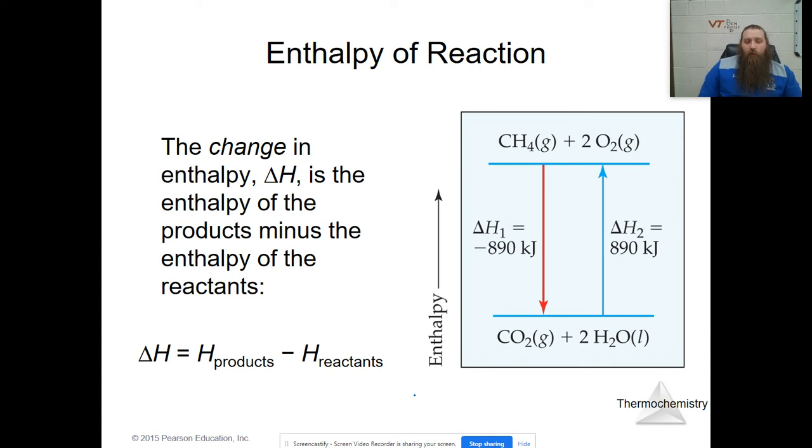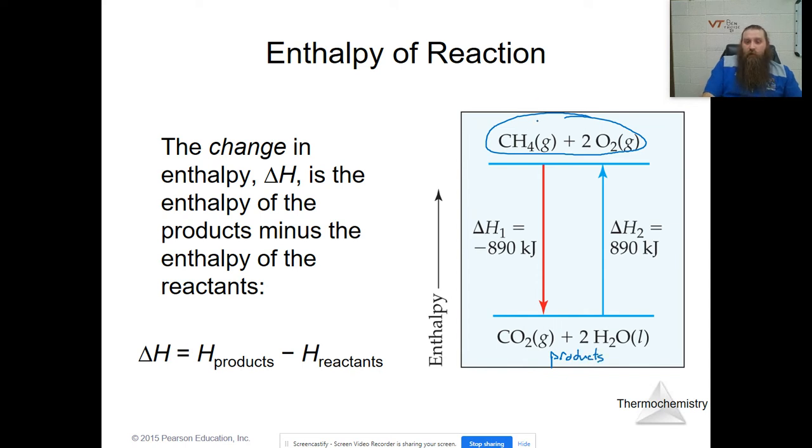Now, another way that we can describe the change in enthalpy is the enthalpy of the products minus the enthalpy of the reactants, because again, we're looking at final minus initial. So the enthalpy value here on the y-axis, I'm looking at a set of reactants up top, a set of products down here on the bottom.